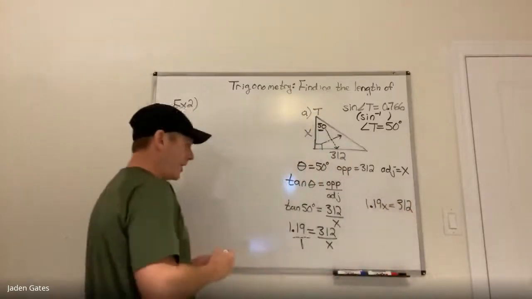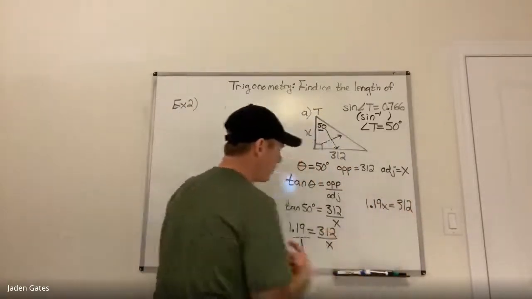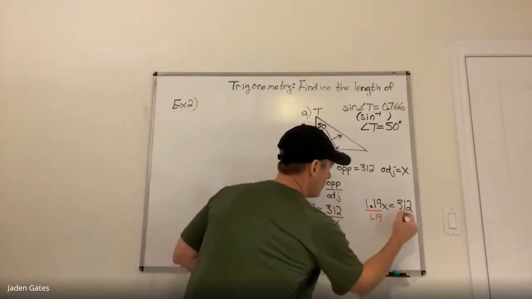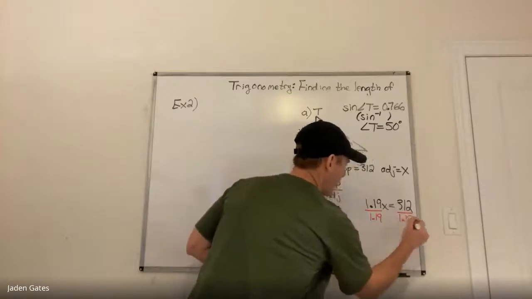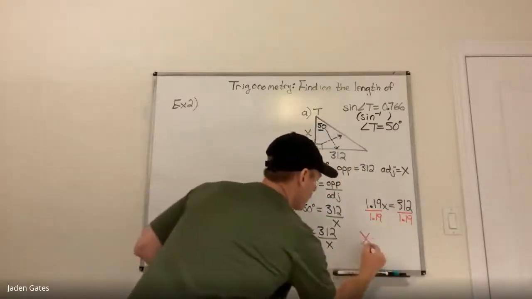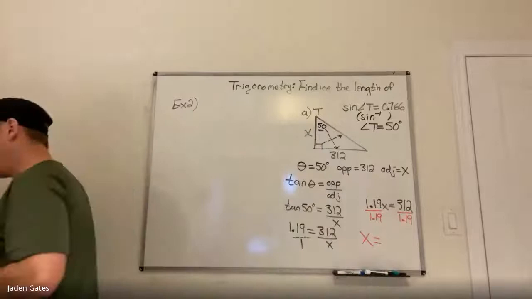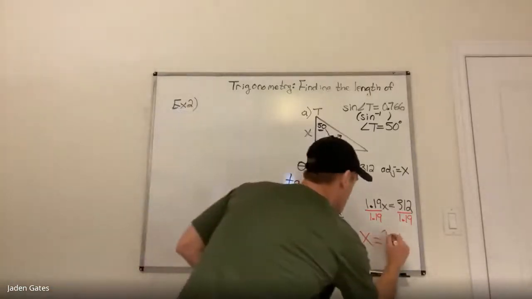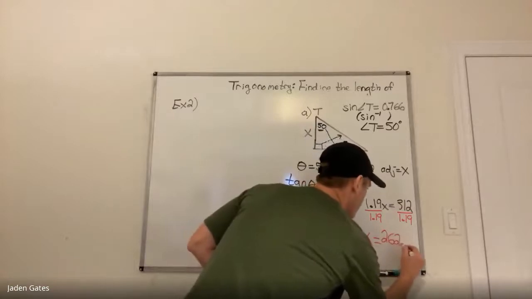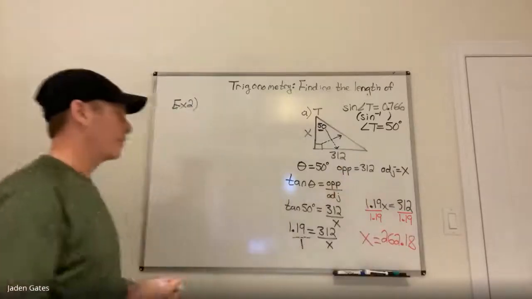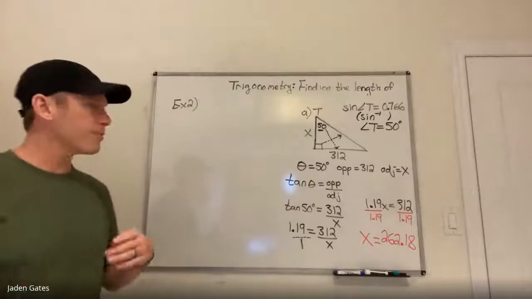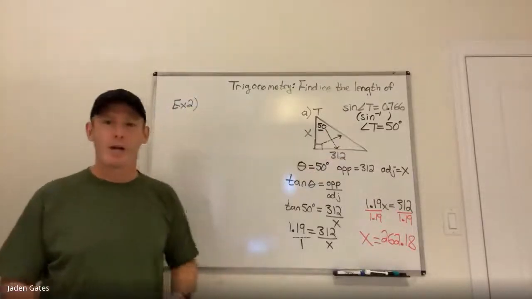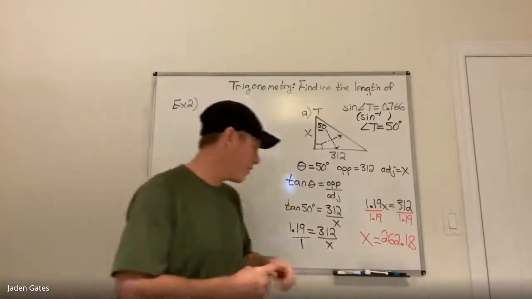Then my last step, to get x by itself, I have to divide both sides by the 1.19. 312 divided by 1.19 is 262.18. So again, the same steps, just the sine inverse going backwards was different at the start.